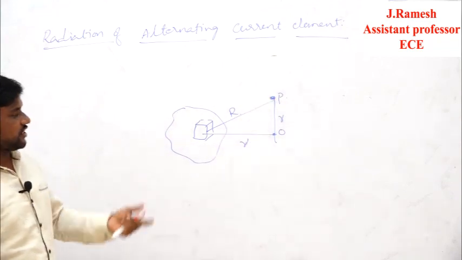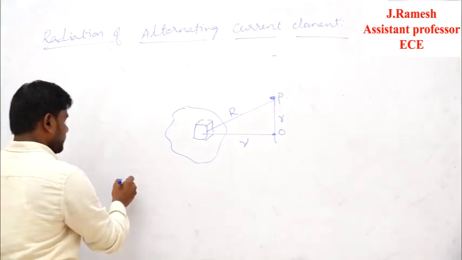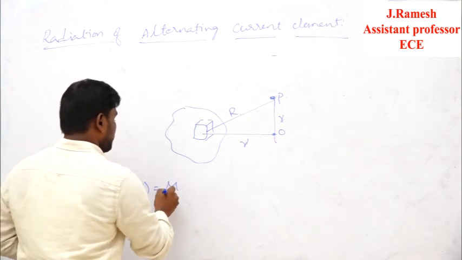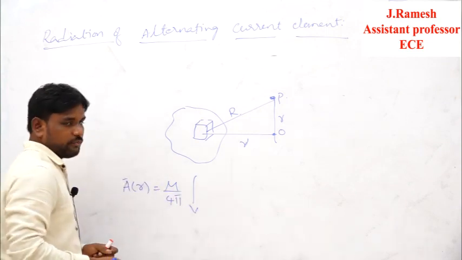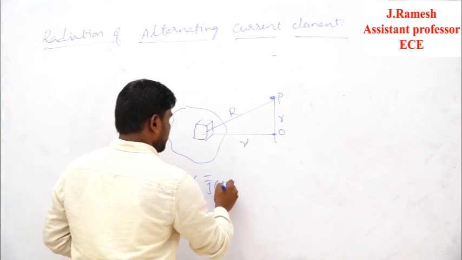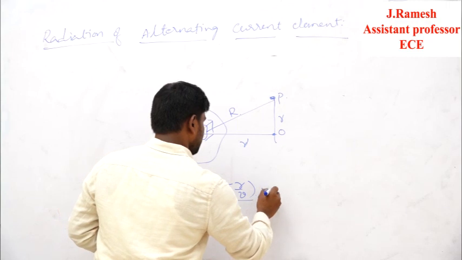The expression of the potential at that particular point P is given by A bar of R equals mu by 4 pi into the volume integral of the current density J bar into T minus R by V, by capital R, into dV dash.